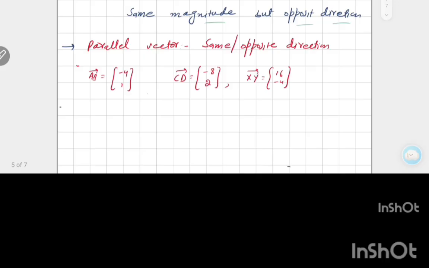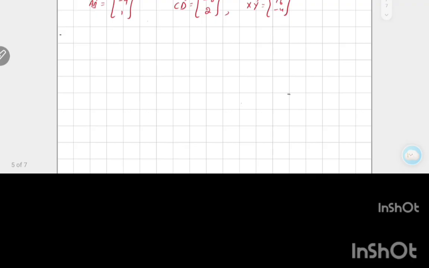We have three cases: AB is minus 4 and 1, CD is minus 8 and 2, and XY is 16 and minus 4. First of all, we have to draw them in vector form. How do we draw? Look at this one. Our first one is minus 4. Minus 4 over x is minus 4. We start from here, A. We will go to the left side because the first, x-axis, component is negative.